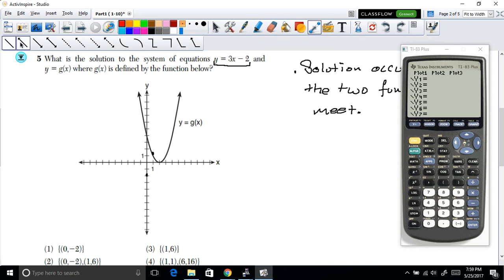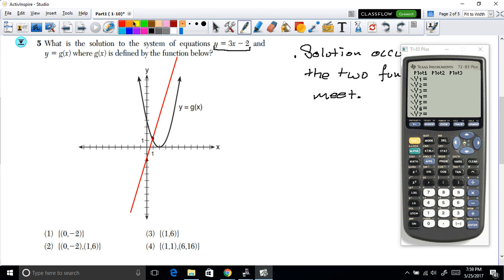So let's just connect those dots. And again, right here, the red function, this is the y equals 3x minus 2. You can put it in the calculator for you to know that this is the actual function here.